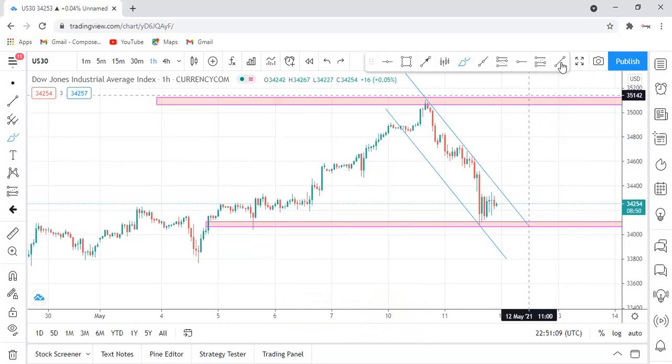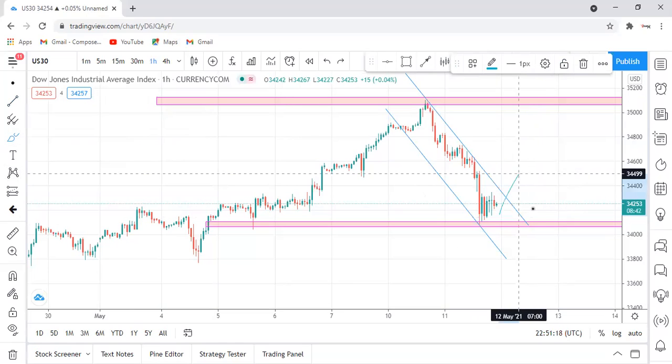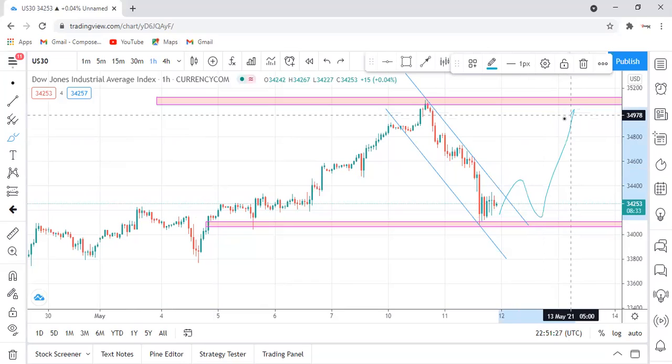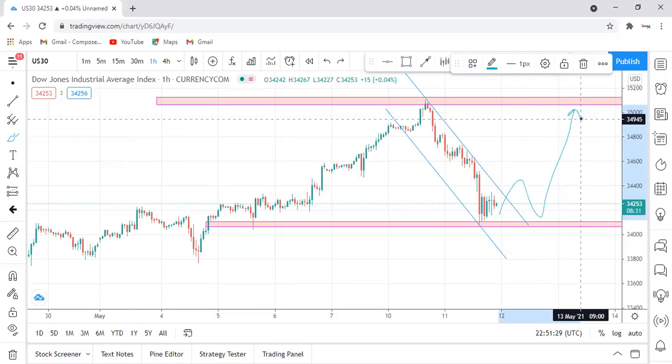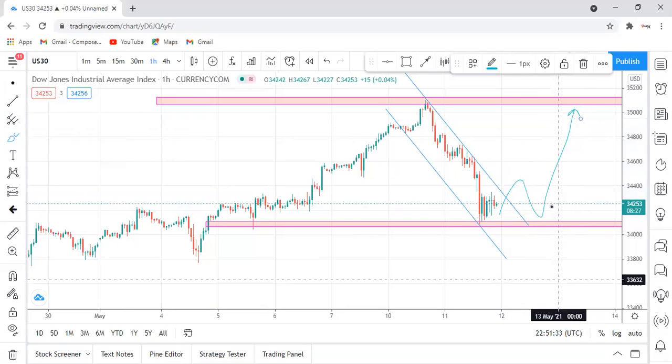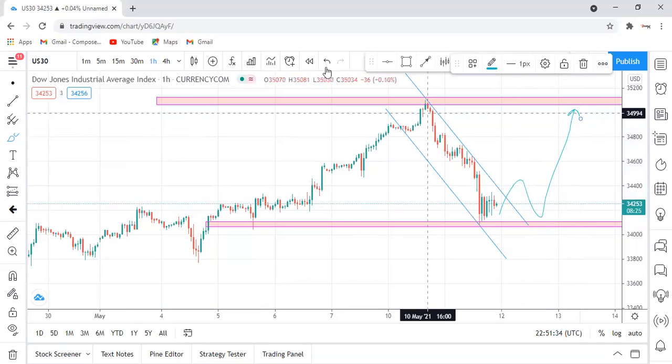The first is that this might actually break this level, and possibly come to retest and create what we call a W pattern before actually going to the upside. Whether it's going to break this level or not, that is another debate.